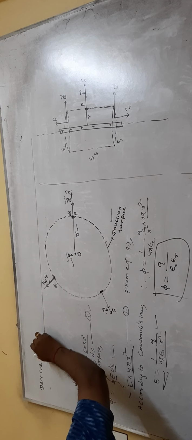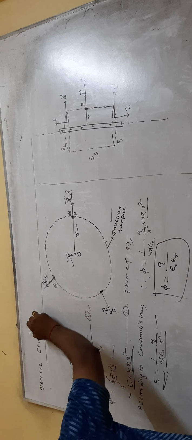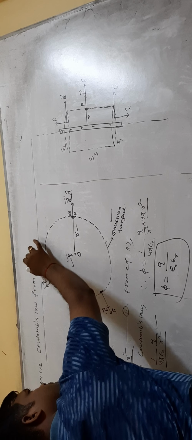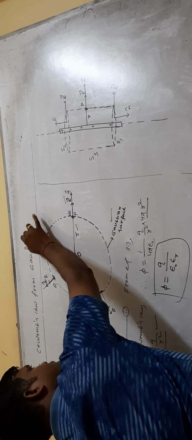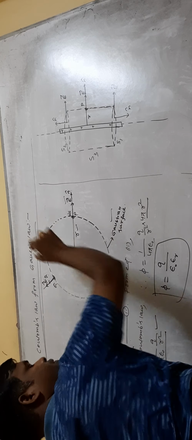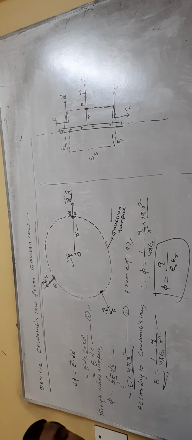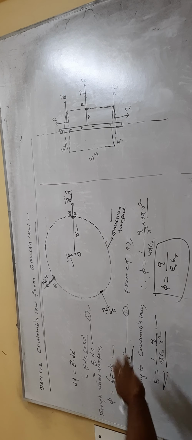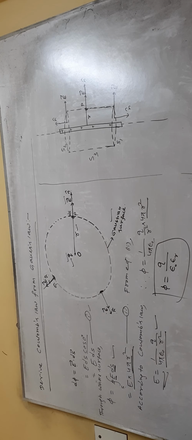Derive Coulomb's law from Gauss law. Just reverse. The procedure is similar to the previous one.